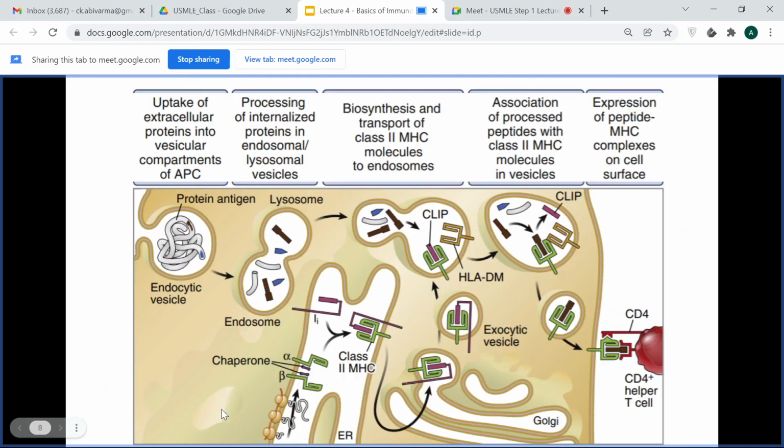This might look like a complicated pathway, but if you think about it in terms of extracellular versus intracellular pathogens and how our body deals with them, then it makes sense. Extracellular means you have to go through phagocytosis. Then there's phagolysosome fusion, and within the phagolysosome, the MHC comes in and recognizes some of the peptides.